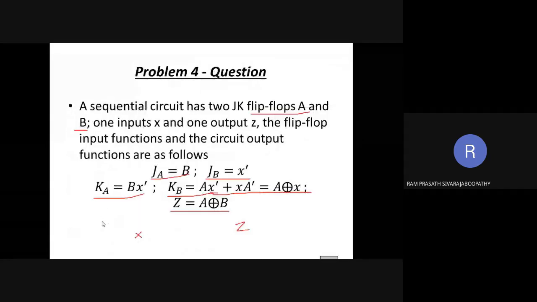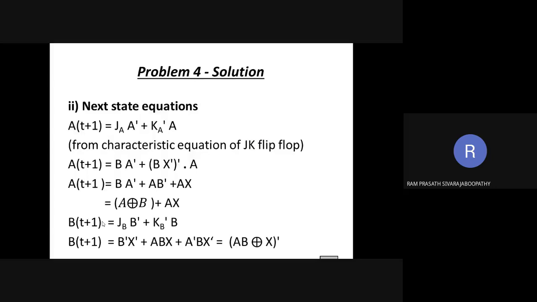Just take a screenshot of this. I will explain the fifth problem. In the previous problem, one step was skipped. Without giving the diagram, they directly gave the input function and output function. So take a screenshot. A of t plus 1 equal to A XOR B plus AX. B of t plus 1 equal to (AB XOR X) whole complement.